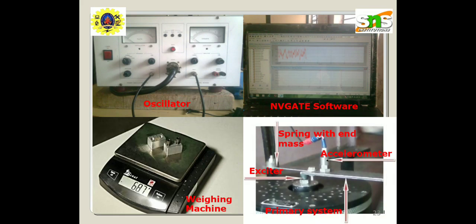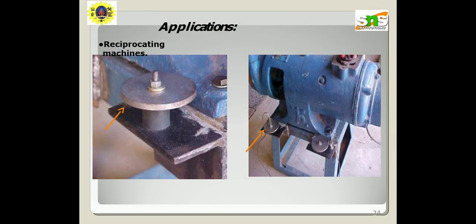These are the systems of oscillator, software and weighing machine, and the primary and secondary systems are connected in this slide. And the application of these is in reciprocating machines.